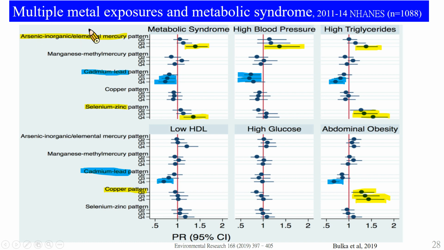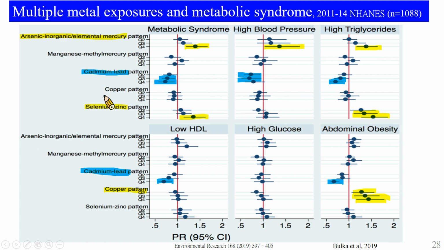So if an individual has the highest exposure level of inorganic arsenic, they also have a higher chance of increased elemental mercury. If an individual has these two toxic heavy metals at high levels, then they have increased metabolic syndrome risk, high blood pressure risk, and also high triglyceride risk.